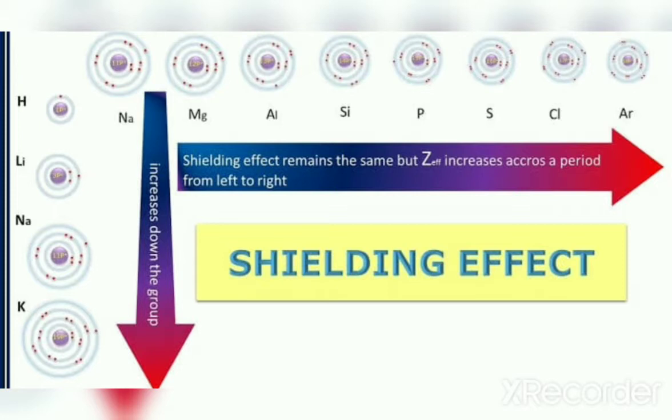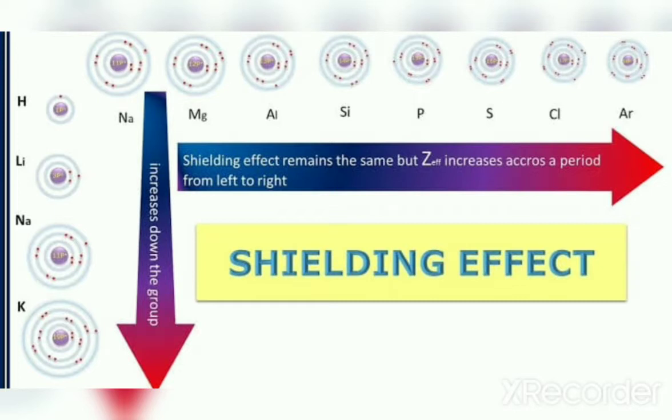How does it happen? As we move down the group, we know that atomic number increases. The nuclear charge therefore increases. But as we move down the group, new shells are also being added. More electrons will now be present in the inner shells. Since more electrons are present in the inner shells, the shielding effect will also be more.